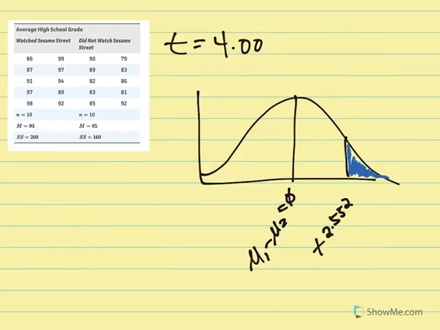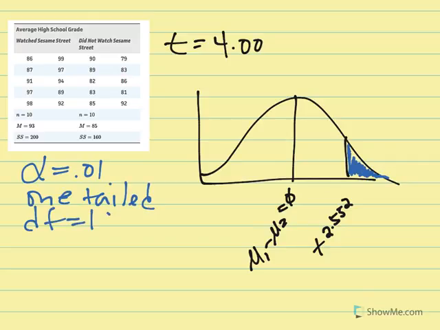To draw our conclusions, we're going to compare our critical t to our t-statistic. Again, here I've written in the center mu1 minus mu2. The null states that there would be no difference between those population averages. And we set our criteria at 2.552, which was based on alpha equal to 0.01, one-tailed test, and degrees of freedom equal to 18.